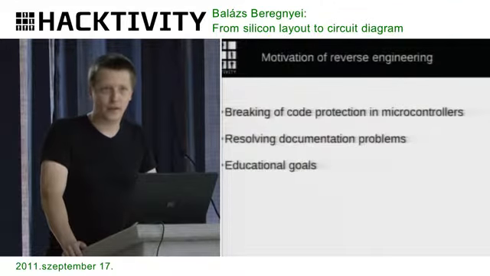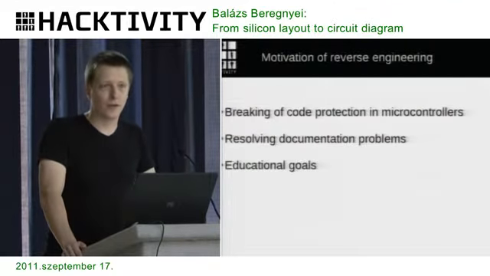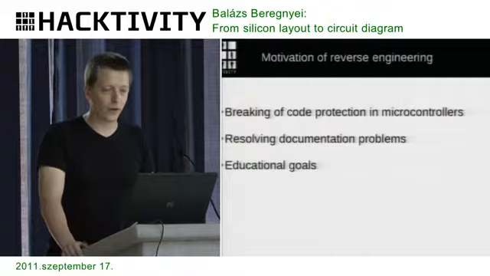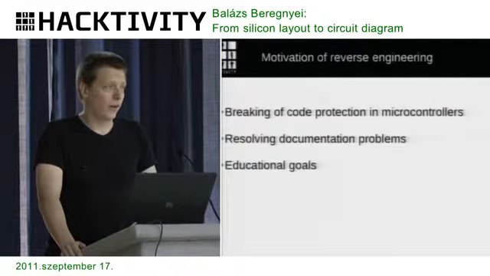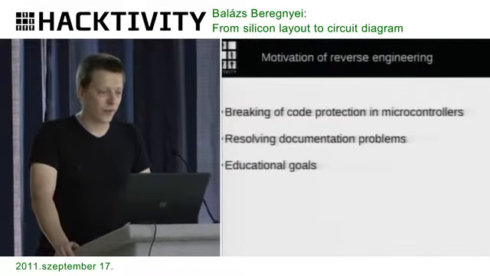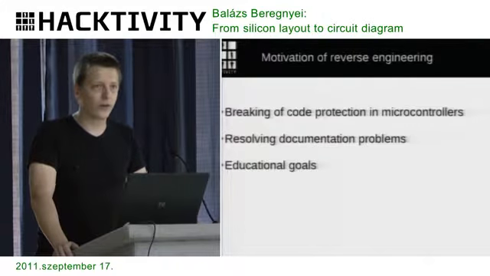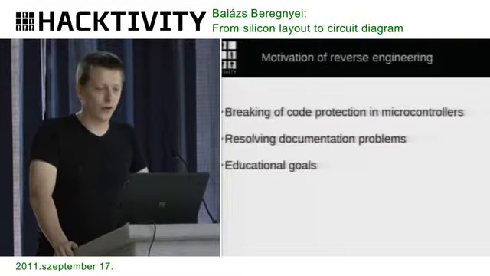One is breaking the code protection on microcontrollers. Protecting software is quite hopeless. There are cracked versions of software all over the internet. This is not true for the microcontroller environment.